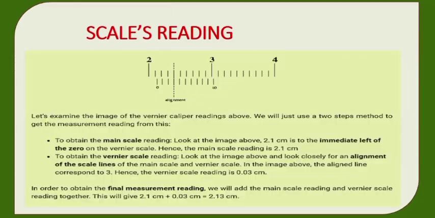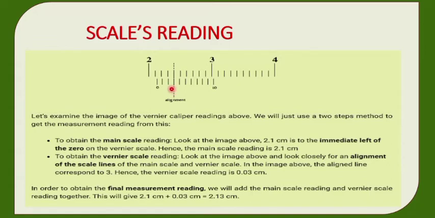Now let us see this figure, our zero is here. The main scale reading will be 2.1. Just before zero we get 2.1 centimeter, and the vernier scale reading will be 4 divisions. When we multiply 4 by the least count, we get 0.04.